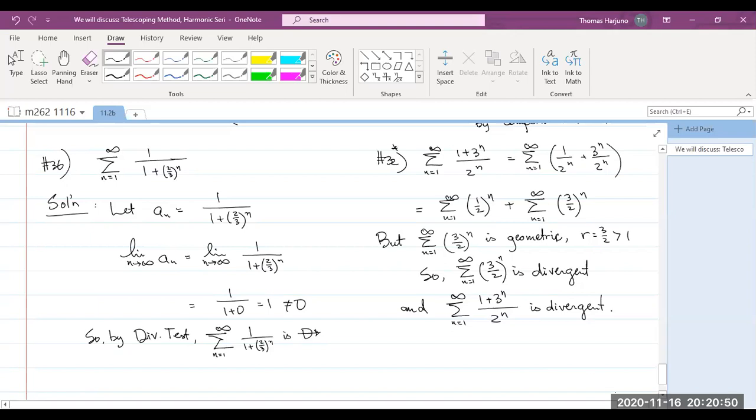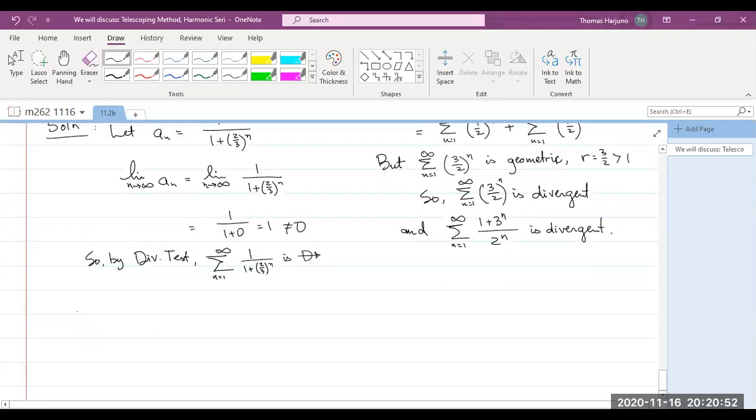Let's do more. Let's say, for example, number 40. The series of (3 over 5 to the n plus 2 over n).